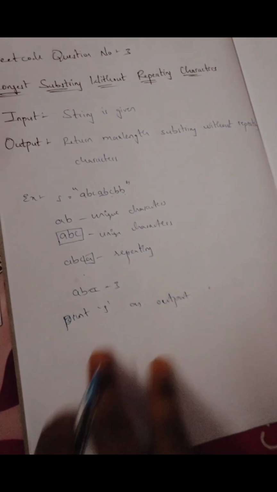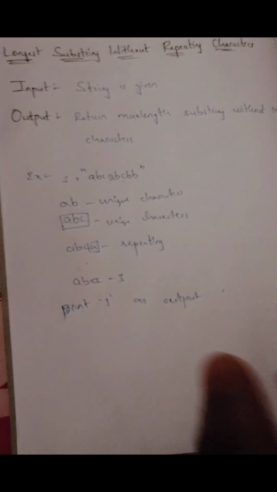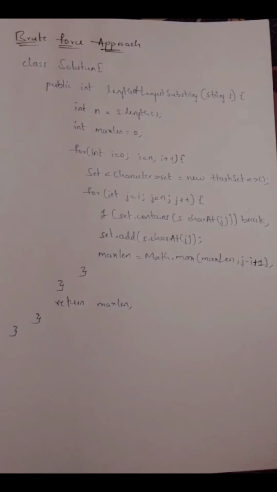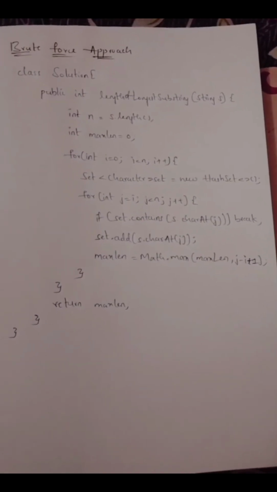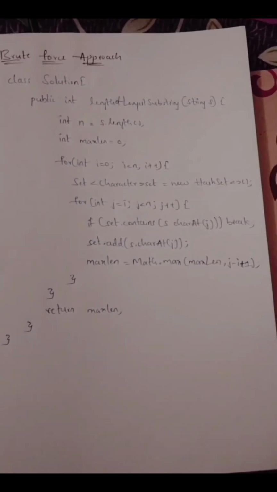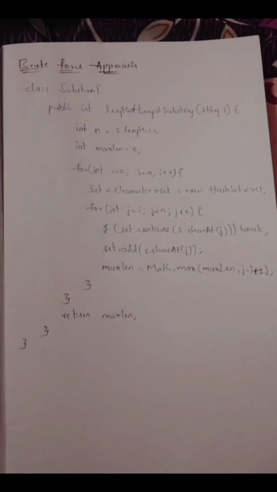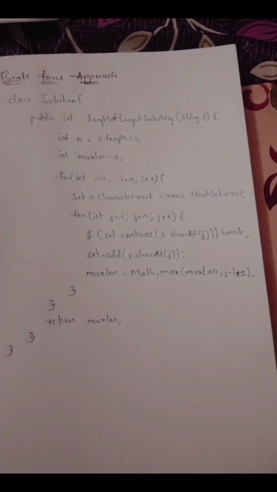So for this we'll discuss the brute force and optimal approaches. Okay, let's start with the brute force approach. This approach checks all the possible substrings of the given string, and for each substring we see if all characters are unique or not, and we'll keep track of the maximum length found so far.